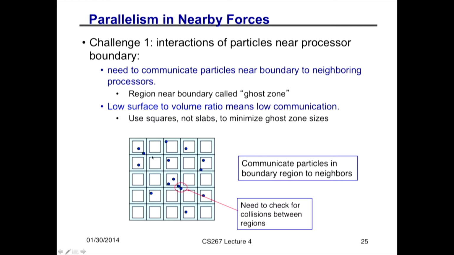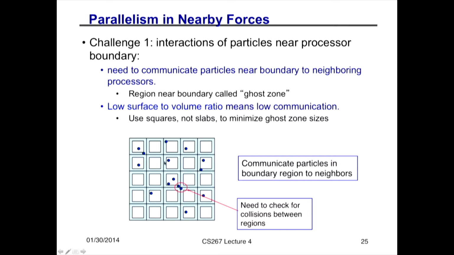And the only communication that's required is when a particle is in this blue zone near the boundary. Because if I'm in the middle in the white zone, my nearest neighbors can't possibly be on another processor. I own all the data. I can do all that in an embarrassingly parallel fashion. It's only when I'm here that I have to send that information to my neighboring processor so they can figure out in the next time step if something could go wrong, and there's a case where I have a possible collision.